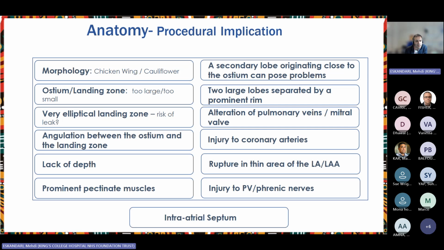Angulation, as I spoke about, for example the chicken wing, is a challenge. If there is no adequate depth to put the device in, then you wouldn't be able to do the procedure. Pectinate muscles could pose a problem, as well as accessory lobes and where the coronary arteries are, how close they are to the LA appendage, and also the pulmonary veins. All of those need to be assessed either by 3D echo or sometimes CT.